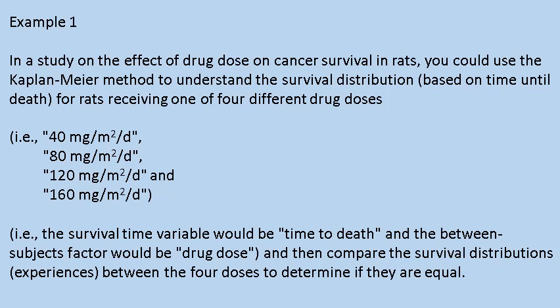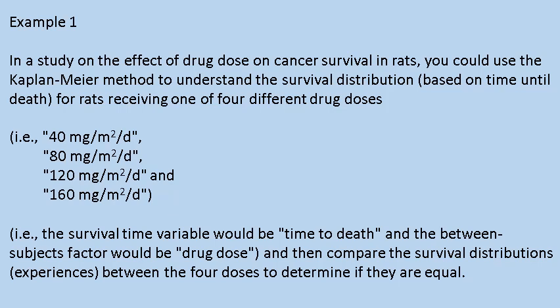In a study on the effect of drug dose on cancer survival in rats, you could use the Kaplan Meier method to understand the survival distribution for rats receiving one of 4 different drug doses. Survival distribution is calculated based on time until death.